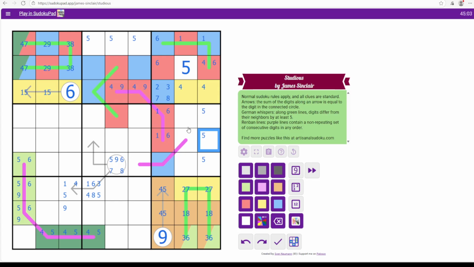Okay. If this was a red, that forces a 5. Does anything break on that?